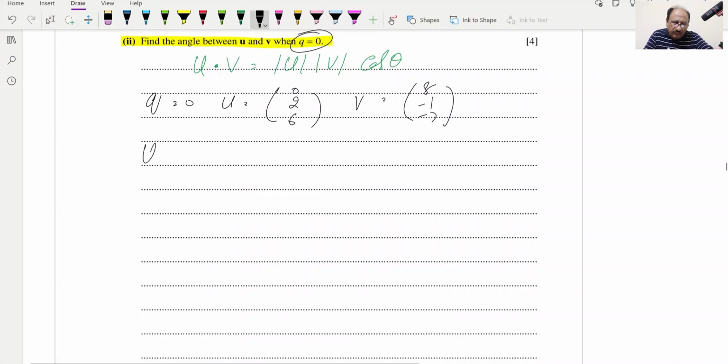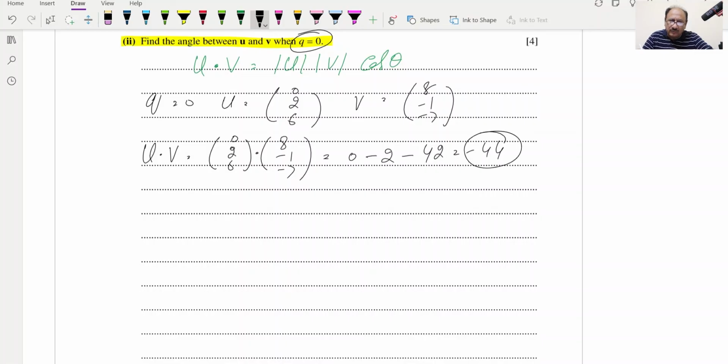Now we can find u dot v. U dot v will be 0 into 8, and 2 into minus 1 will be minus 2, then 6 into minus 7 is minus 42, and this will be equal to minus 44.